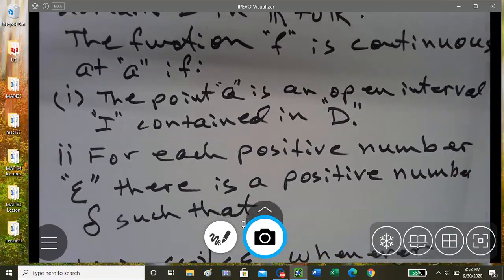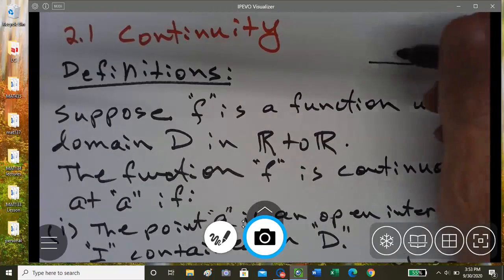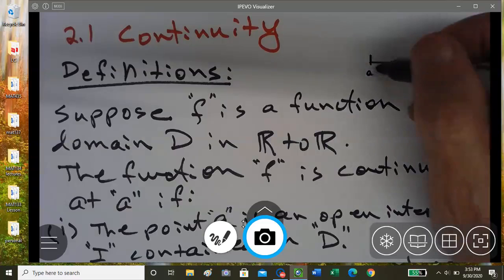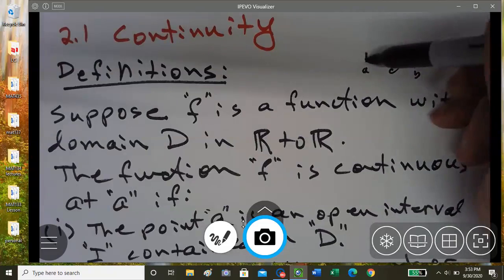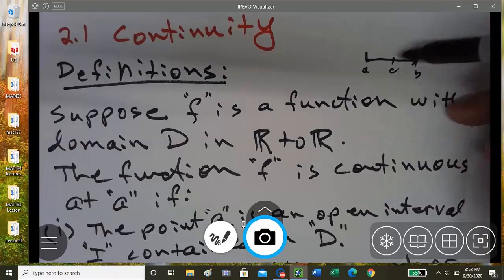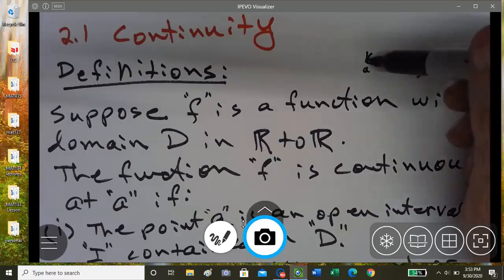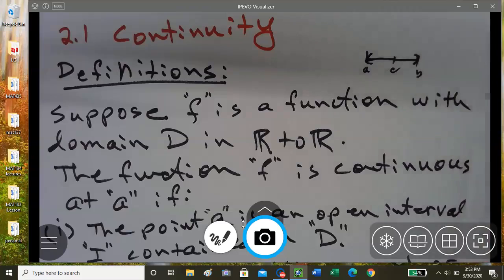So we're talking about an interval, right? Here's our interval from A to B, and we have some point, we'll call this C. Here's our interval, and that interval is open. Within that interval is the domain, real numbers to real numbers.